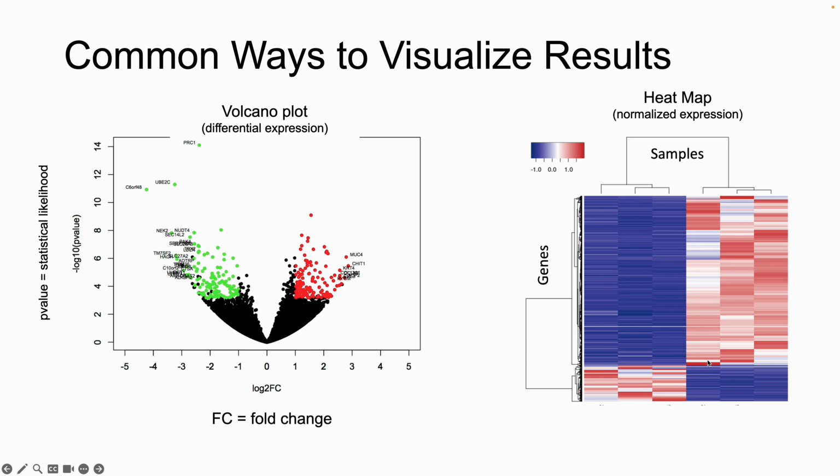And then over here, these are heat maps. So typically the way these are drawn, and the way the Colab notebook will draw them, is that the columns are your samples. So we've got 3 A samples and 3 B samples. That's what it's showing at the top. And ideally what you're going to see is the 3 A samples cluster together, the 3 B samples cluster together, and then the rows are the genes.